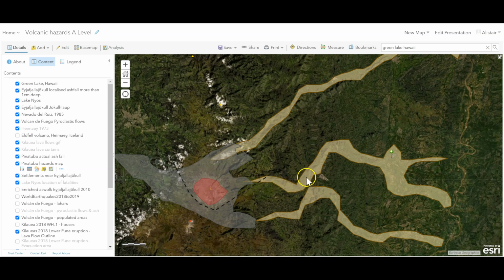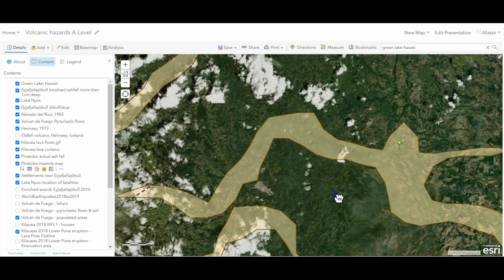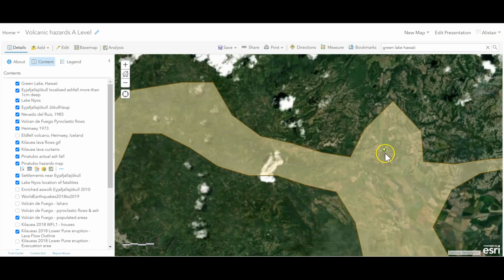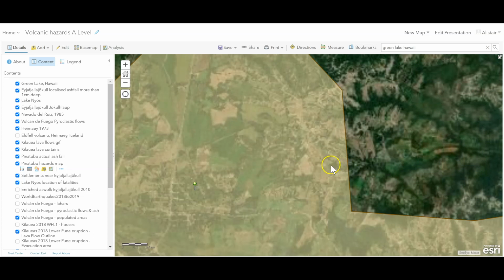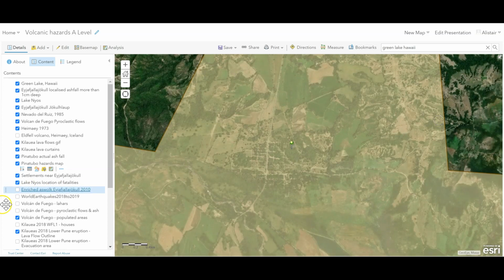And down these valleys, they travelled very, very fast. This fast flowing flood of water and gloopy mud that is very, very hot because it's been produced by the volcanic eruption itself. And all it came down here towards Armero, this town. And here's where the Armero tragedy unfolded.